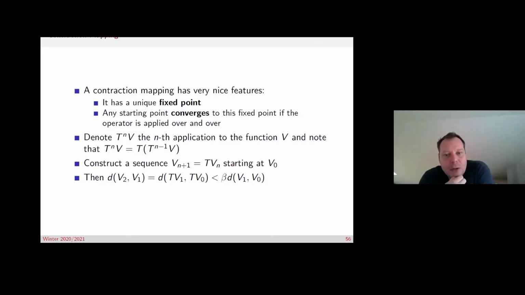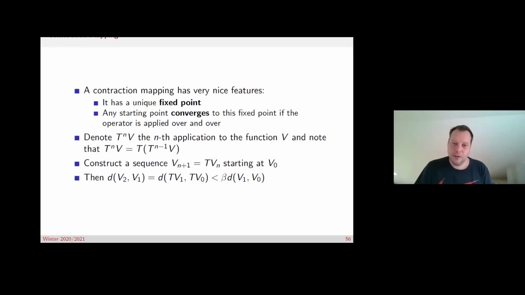So the general idea is that you assume that you apply this operator T over and over again on the original function v. The T superscript n is just the nth application of the operator on that function, and obviously this is the same as the (n-1)th application of this operator on this function, and from this you apply this operator again.